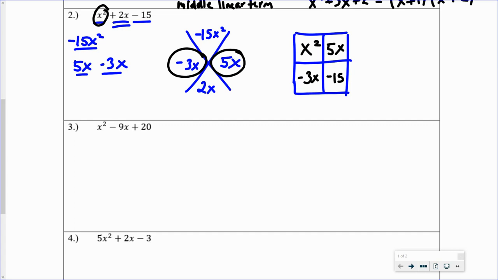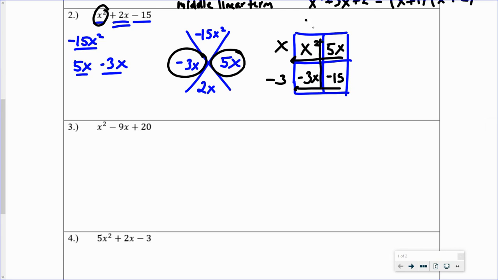So again, now we're factoring GCFs of columns and rows. So GCF of this one is x squared. I'm sorry, just x. GCF of this row looks like it's negative 3, because negative 3x and negative 15 are both divisible by negative 3.